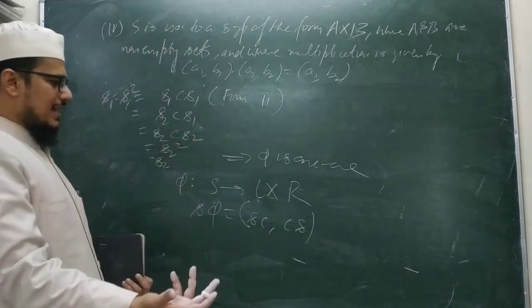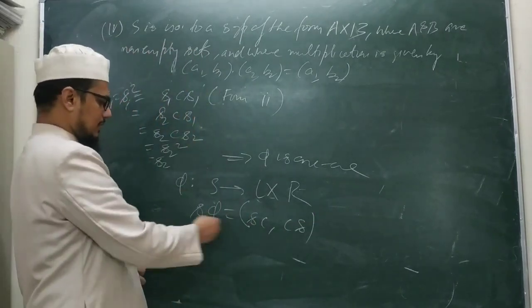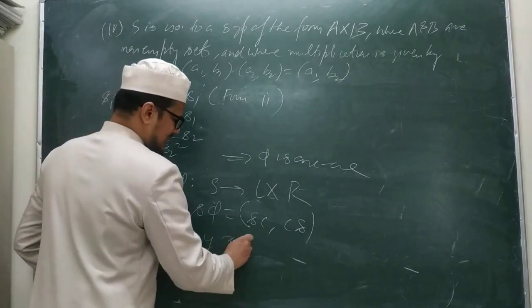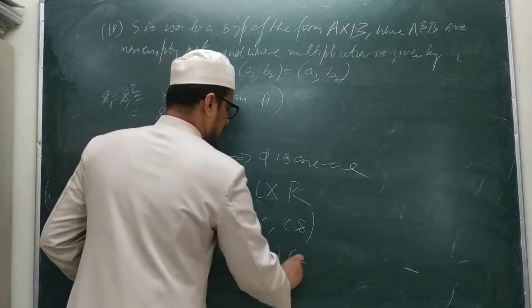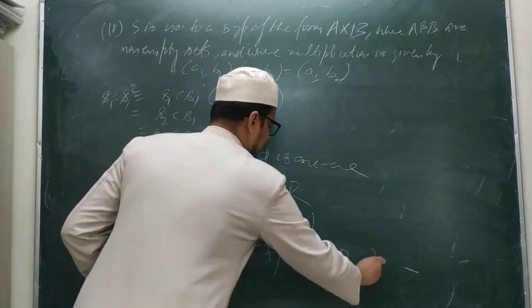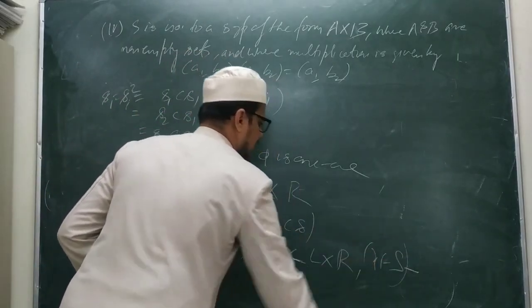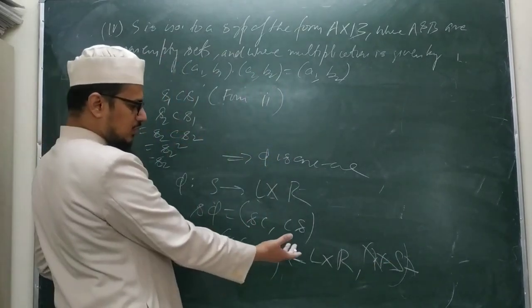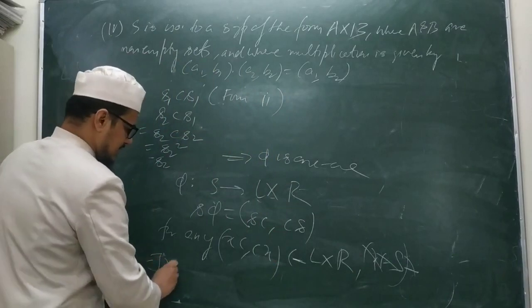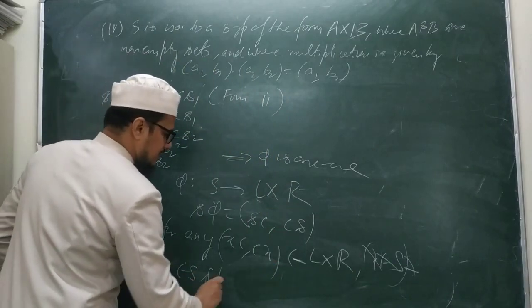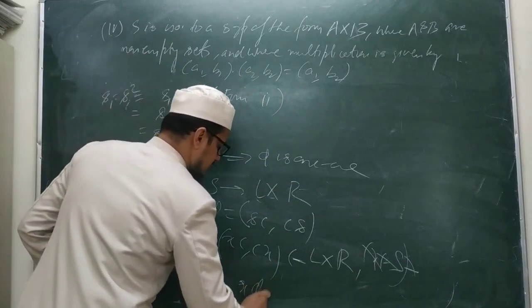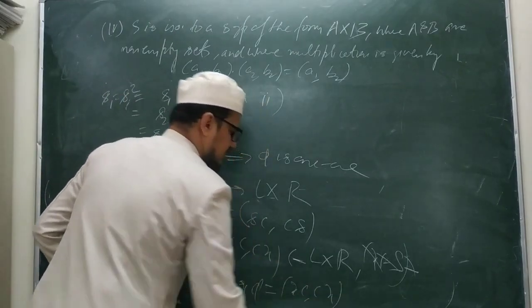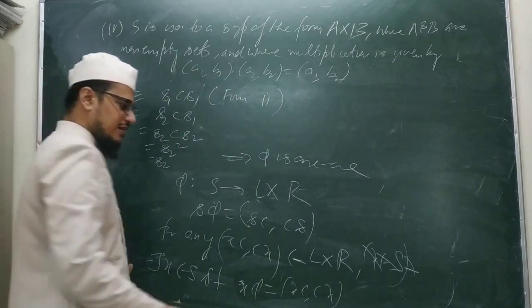So you take any element here, for any XC comma CX belongs to L cross R, where X is what? So for any XC comma CX belongs to L cross R, there exists X belongs to S such that X phi is equal to XC comma CX. It implies what? Phi is onto.